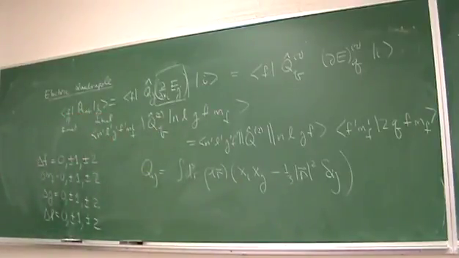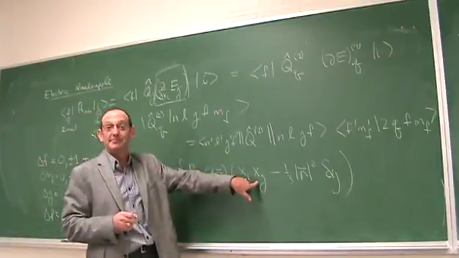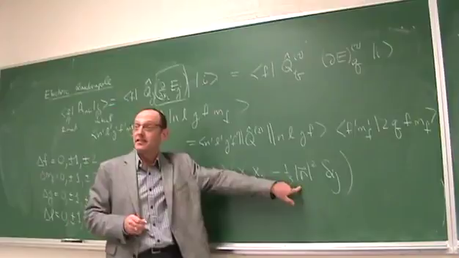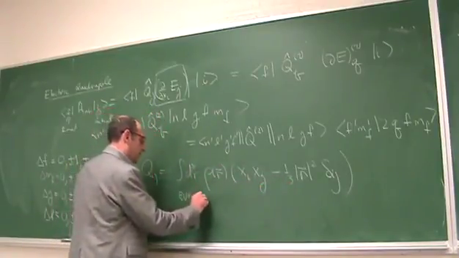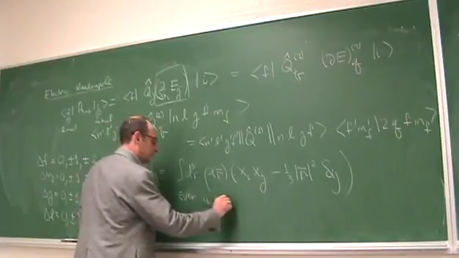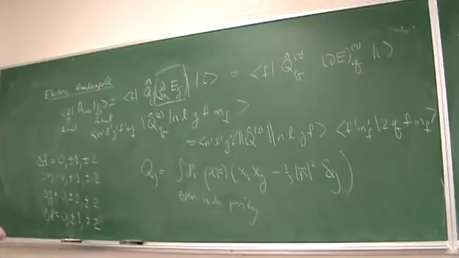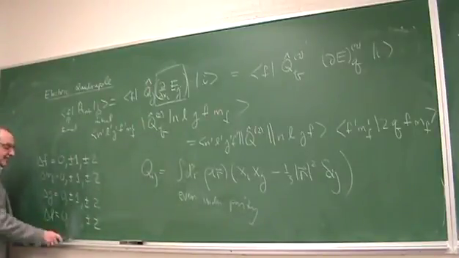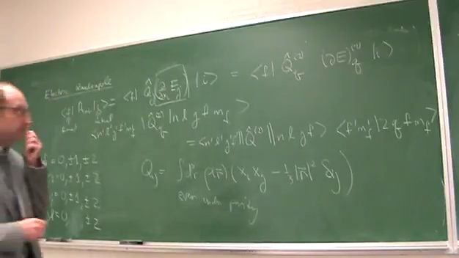So is Q even or odd with respect to parity? It's even, because if x goes to minus x, it's quadratic. And this doesn't change. So the quadrupole tensor is even under parity. So that means delta L could be nothing or 2. But no 0 to 0.